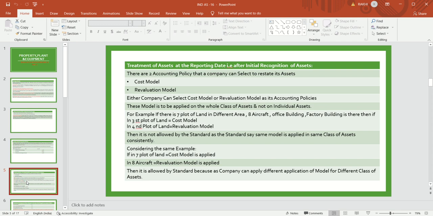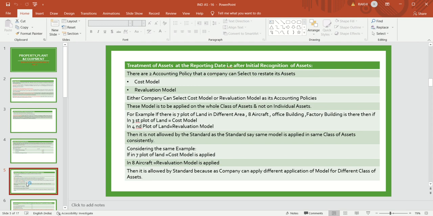Can it be allowed by the standard? No, it is not allowed by the standard. The standard does not allow the same nature or class of asset to have different models, as the standard says the same model is applied consistently in the same class of asset. So the nature and use of that class of asset, that is land in different areas, is the same. So they will use the same policy on that class of asset.